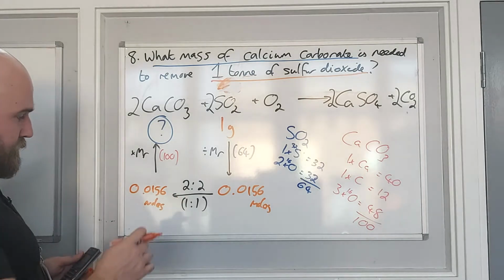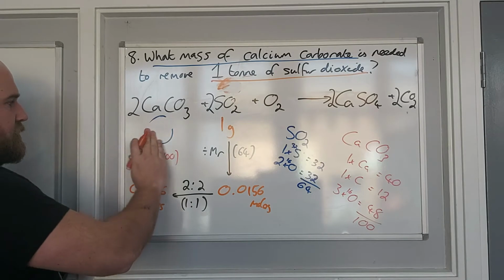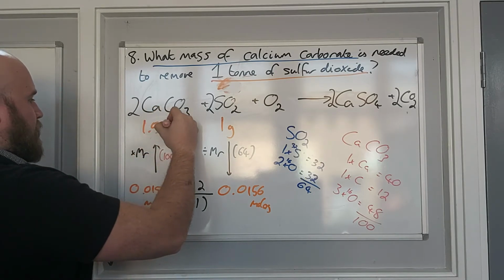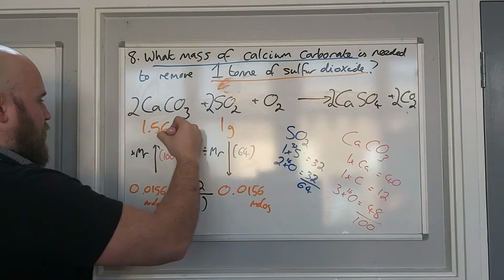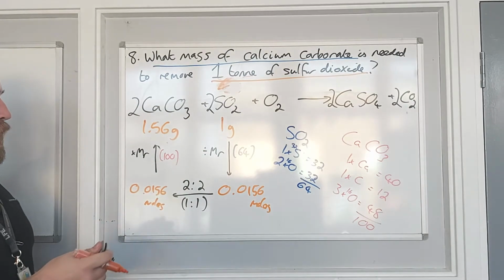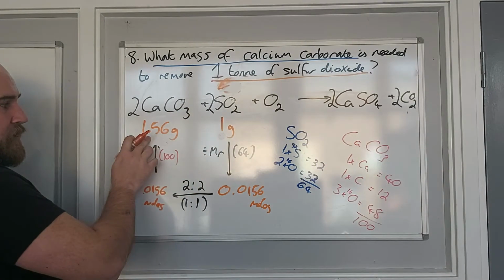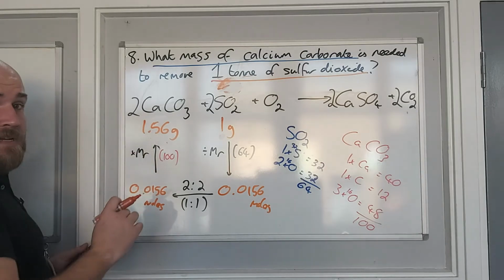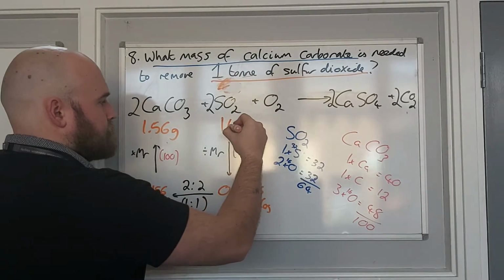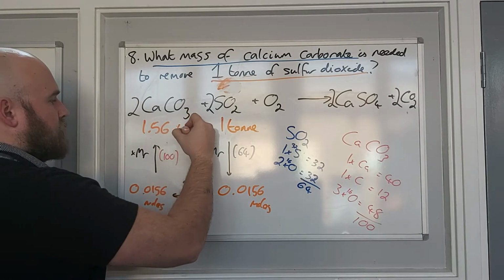And then the final step, up here, times by the MR, which is 100, and you end up with 1.56 grams. So, if I needed 1 gram of sulphur dioxide removed, I would need 1.56 grams of calcium carbonate. But the question was about tonnes, so what I'm going to do is swap the G's for tonnes.